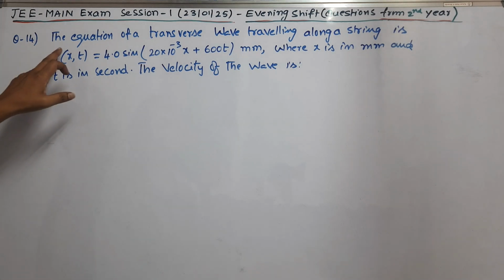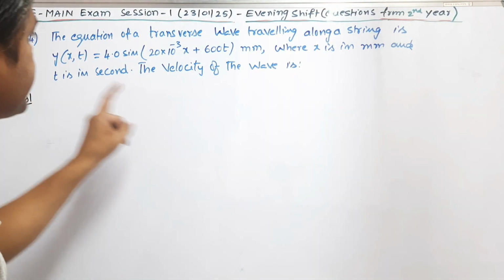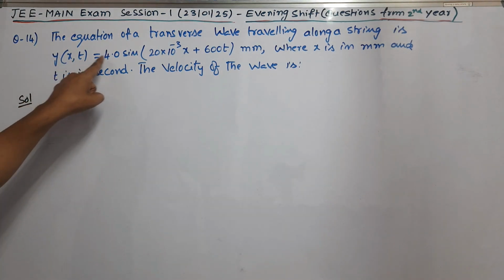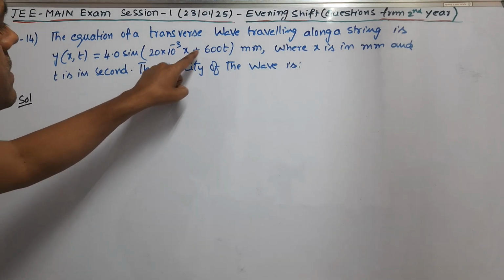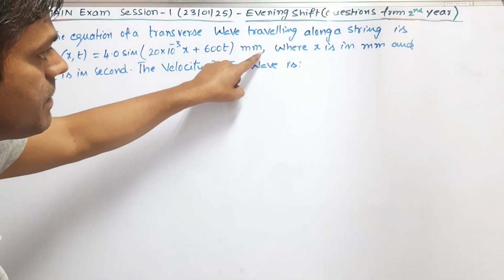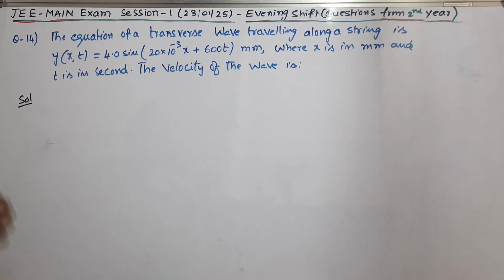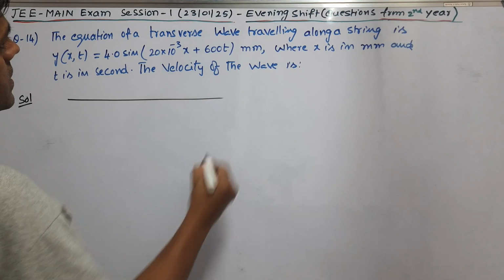The 14th question: the equation of a transverse wave traveling along a string is given as a function of position and time, 4.0 sine (20 into 10 power minus 3 x plus 600 t) millimeter, where x is in millimeter and t is in second. The velocity of the wave is? You know, this is a string.